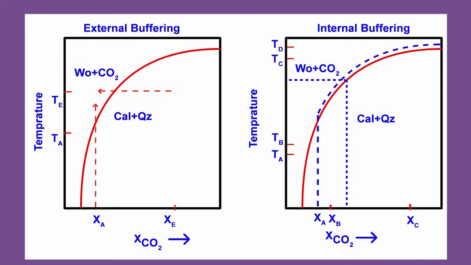Because the entropy of a fluid is generally greater than the entropy of solid phases, fluid appears on the high temperature side of most such reactions. When the fluid composition is fixed, then devolatilization reactions are univariant, but if the fluid composition can vary as a result of the liberation of H2O or CO2, then the reaction will be continuous.